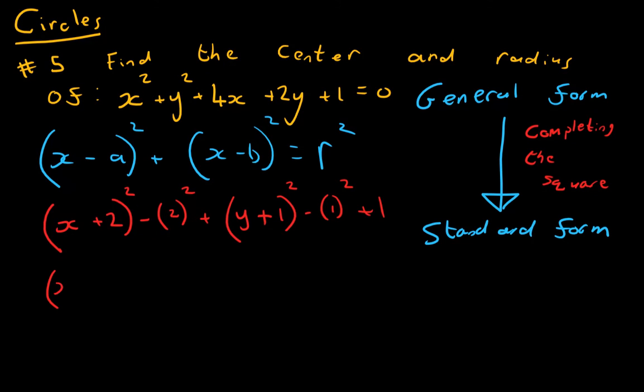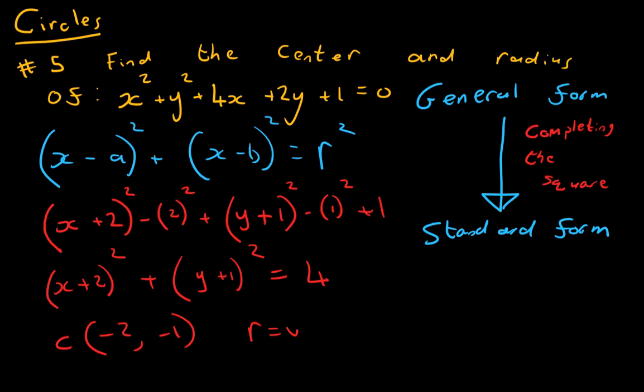Let's tidy this up. And I hope you can all see by inspection that we got a center of coordinate -2, -1, and a radius square root of 4, which is 2.